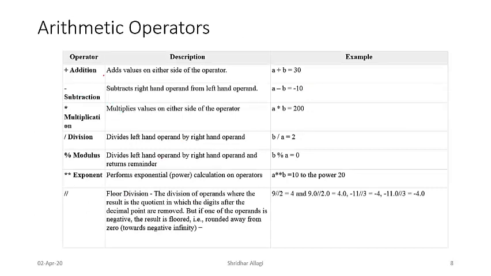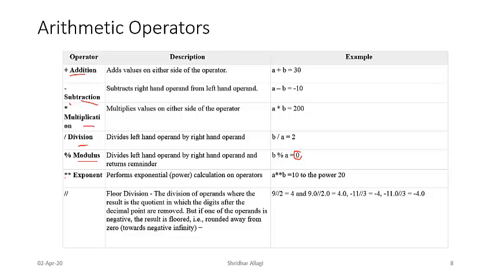So the basic arithmetic operations such as addition, subtraction, multiplication, division, and this mod operator which will return you the remainder. b mod a says that when you divide b by a, whatever remainder you get will be written here. And double star.